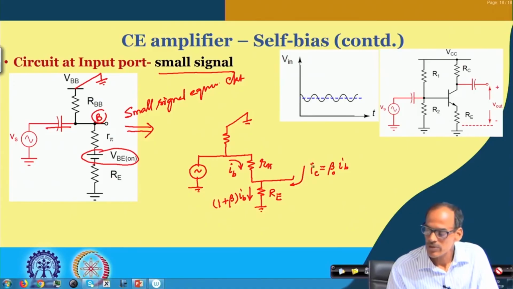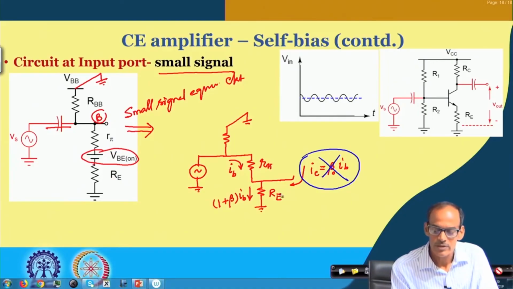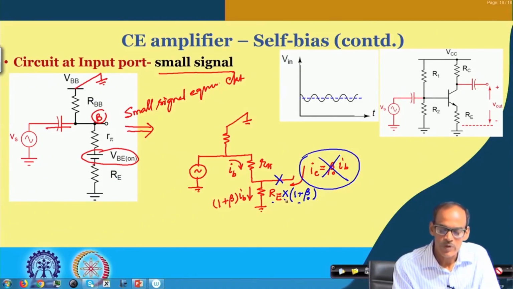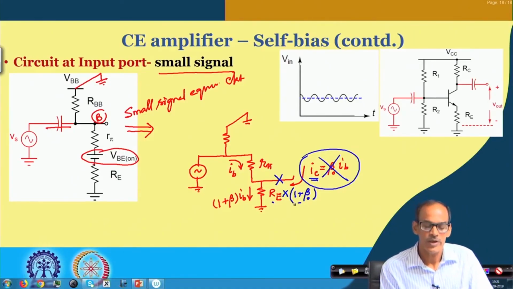So, probably you may drop this current source, you may drop this part, and then instead you may simply say that this resistor is getting multiplied by 1 plus beta naught of the transistor. And so, you may forget about this part, you may say that the resistance is getting increased. So, that is what normally is followed, but whatever way you feel, we need to be careful that we need to consider this collector current, or probably the emitter resistor we need to consider its amplified version.